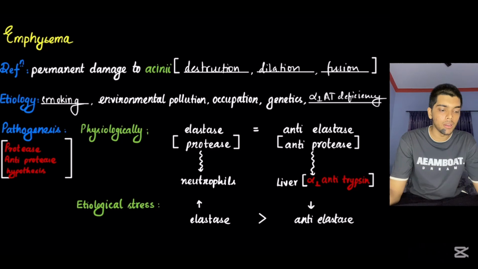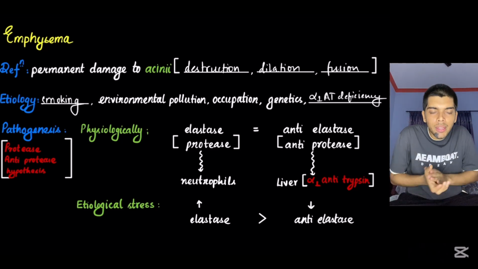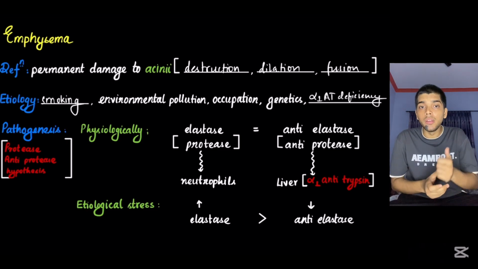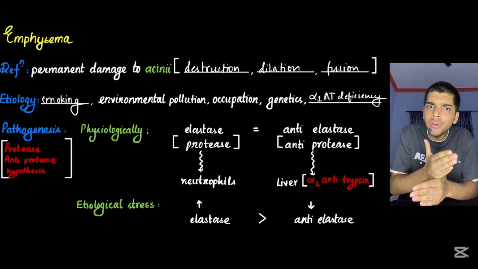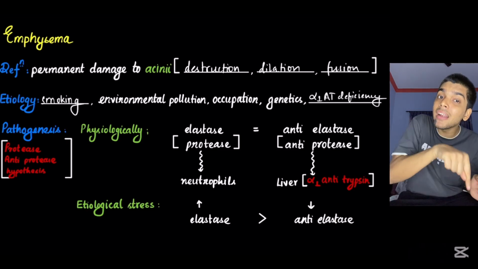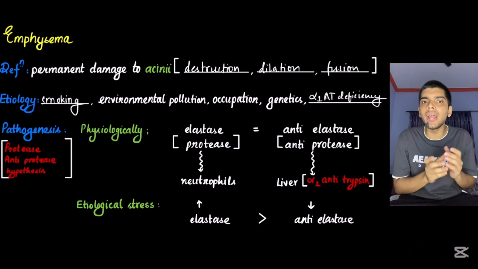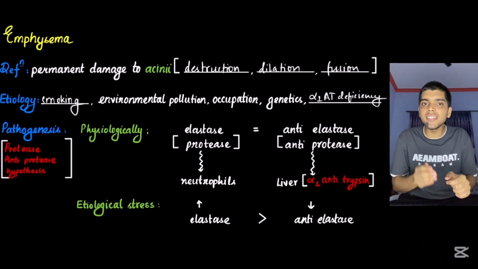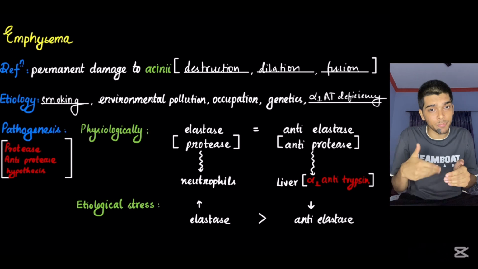Okay, now let's get into the hypothesis. There are two types of proteins circulating in your blood. Number one, protein that breaks down elastic fiber, or elastase, and protein that prevents the breakdown of this elastic fiber, or anti-elastase. Since elastase is breaking down elastic protein, it is protease.